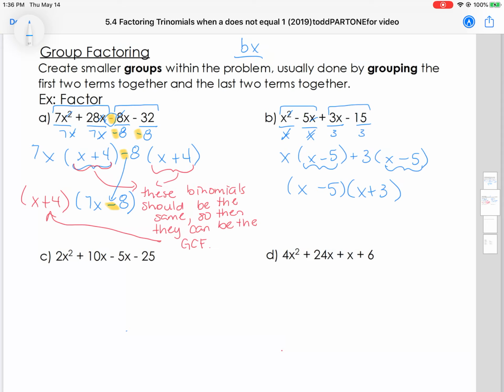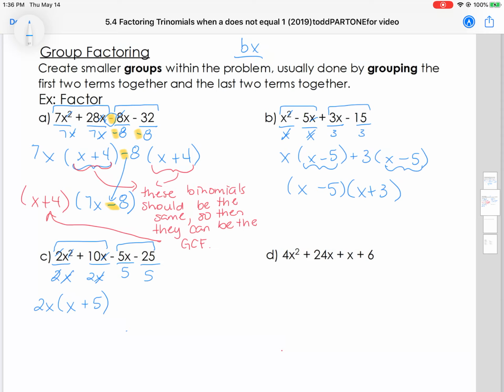Okay, so do another one here. This time we can divide by 2 and x. And this one's going to be 5.